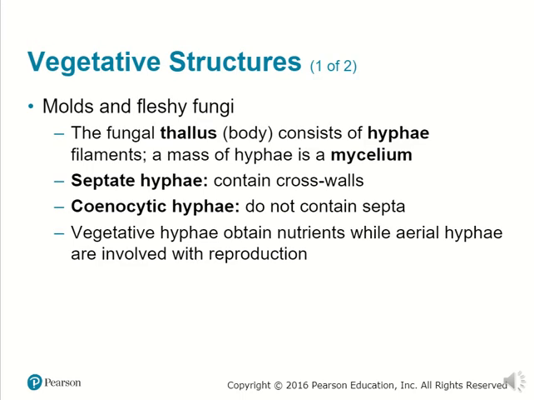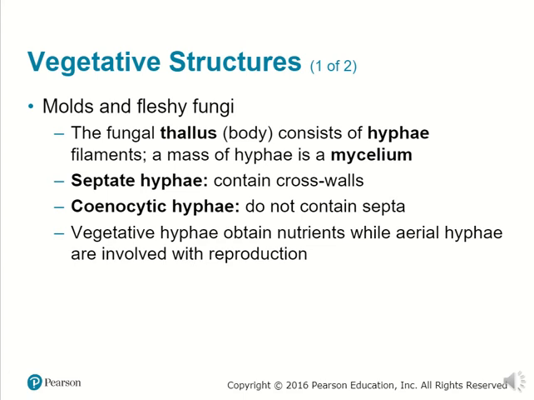For vegetative structures, there are molds and fleshy fungi. The fungal thallus, which is the body, consists of hyphae filaments. When a mass or collection of hyphae occurs, that will be called the mycelium.